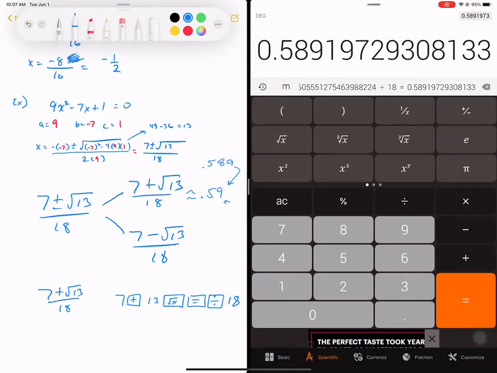Let's practice the second one. If you have a calculator, you can follow along. For 7 minus the square root of 13 over 18, it's going to be 7 minus 13. We always have to write the number first for square roots. Square root that number on my cheap calculator, equals to mix them together. Then we divide this new number by 18.